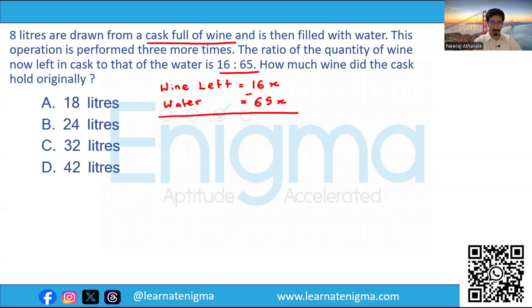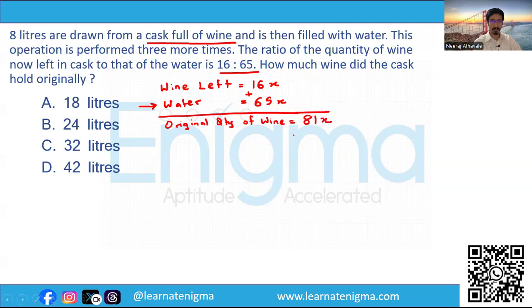So that means we can add this 16x plus 65x because this complete water was nothing but wine originally. So the original quantity of wine we can say is nothing but 16x plus 65x, that is 81x.